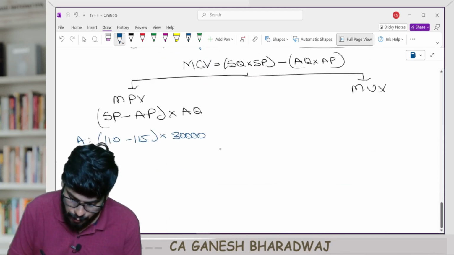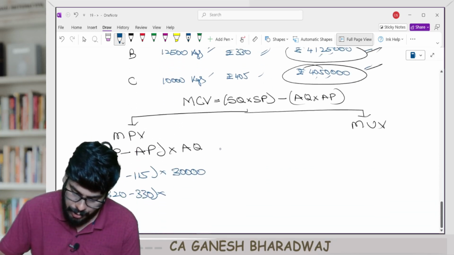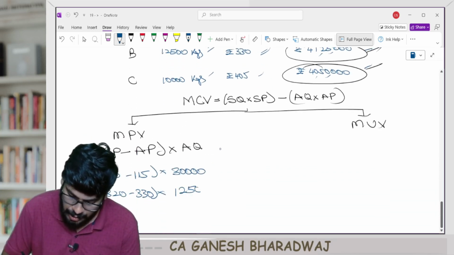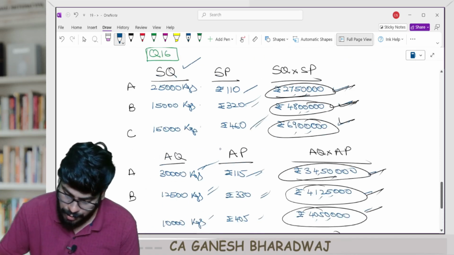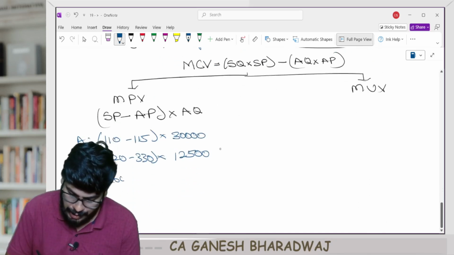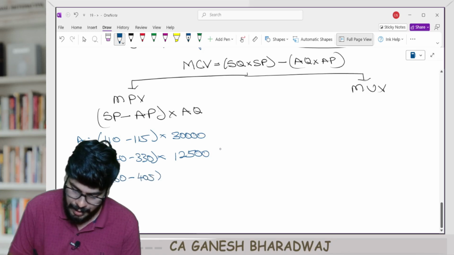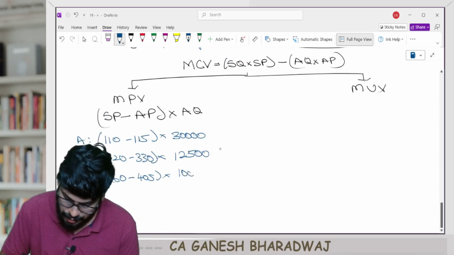So 320 minus 330 into actual quantity, 12,500. Similarly, for material C, 460 is the standard price, 405 is the actual price. 460 minus 405 into actual quantity, 10,000 kgs, right?